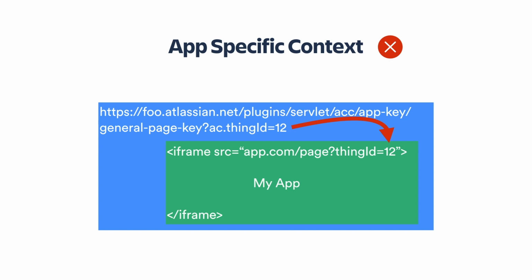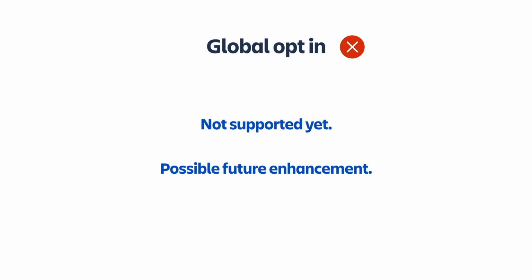The context object returned by the new APIs does not support app-specific context. It is, however, possible to add support for this in the future. There is currently no global app descriptor property allowing an app to opt in for all modules, although it might be something we can add and introduce later.